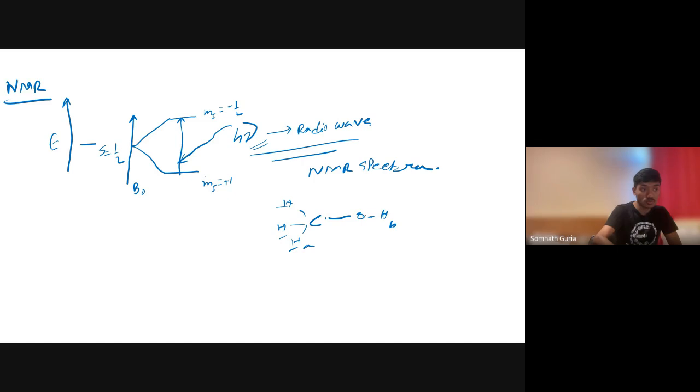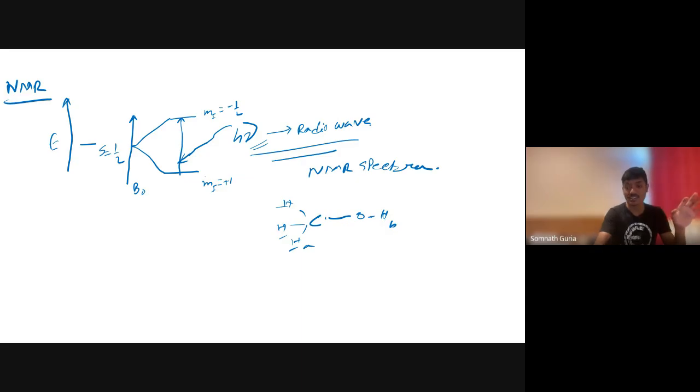It actually pulls the electron density from the proton, this hydrogen, and reduces the electron density on this hydrogen atom. So we get only a lesser amount of electron density on this hydrogen atom, and then it orients towards the magnetic field with a lesser effect.